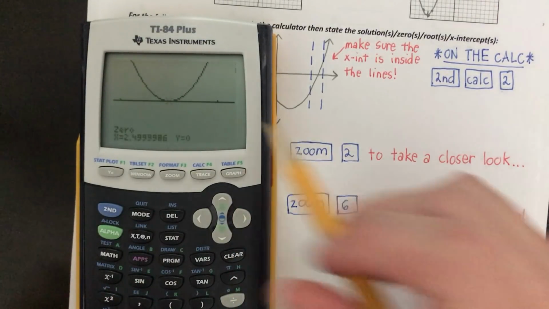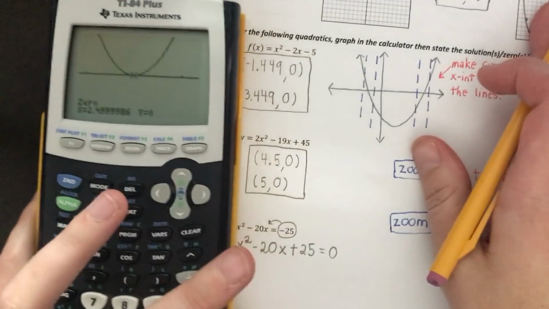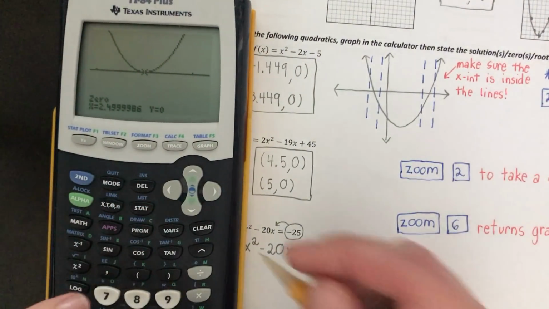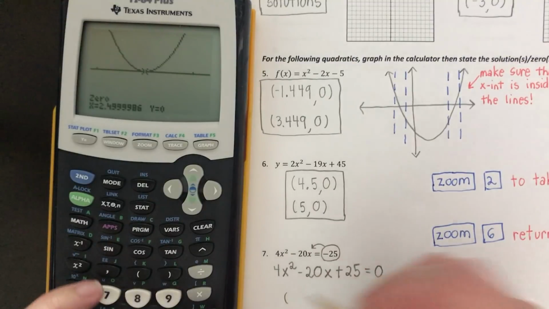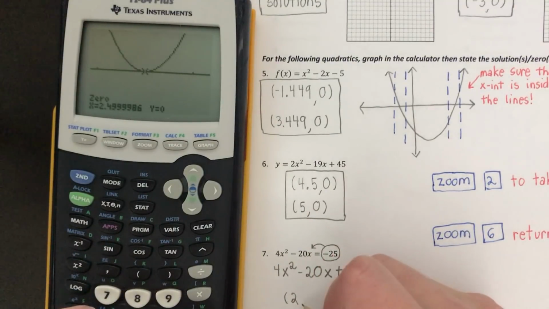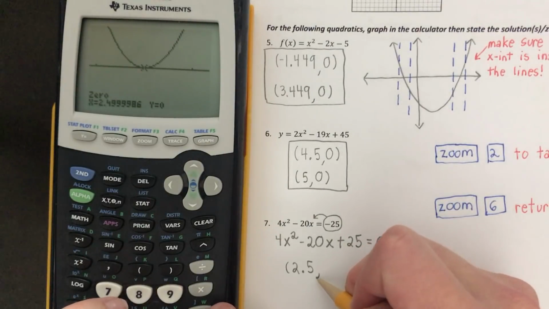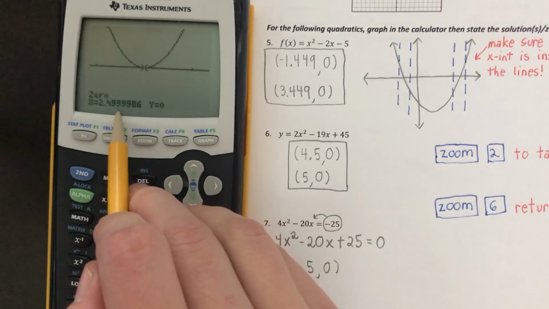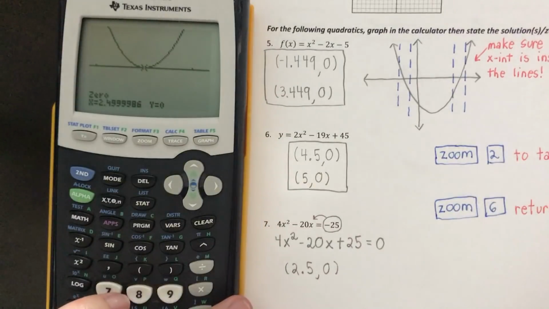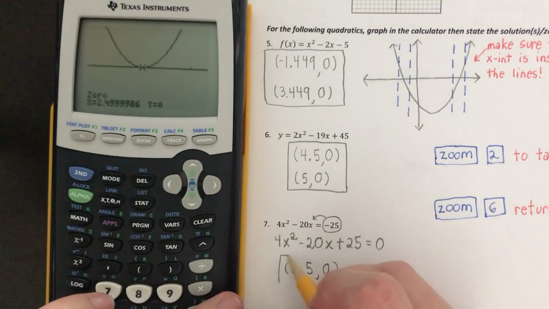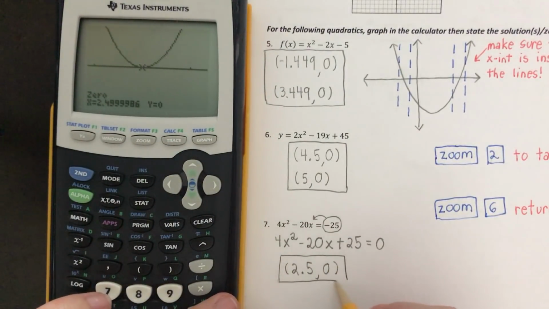Hit enter. And we get our 0 is at 2.49999. So that means, when we round, 2.5, comma 0. Okay, so that's just one x-intercept on number 7 because the vertex lies on the x-axis.